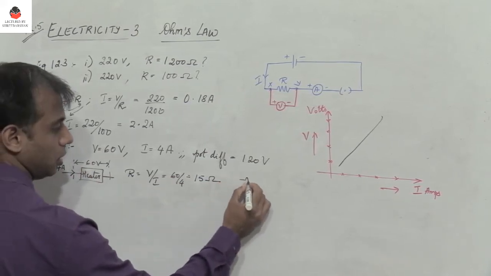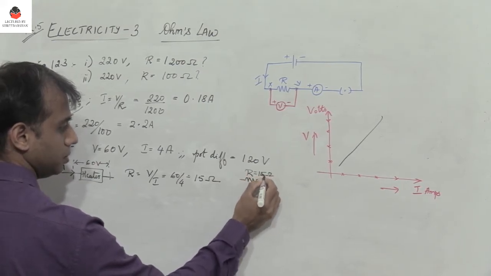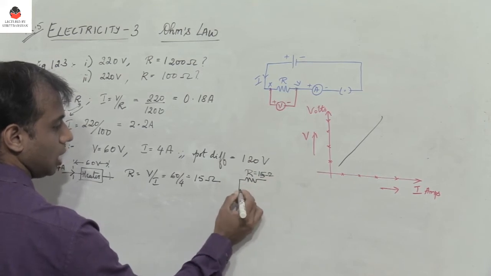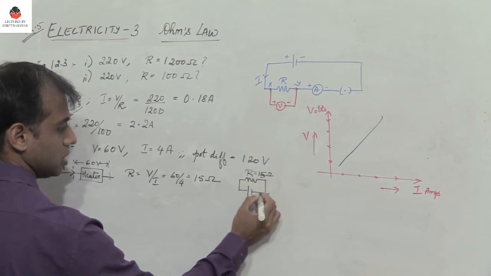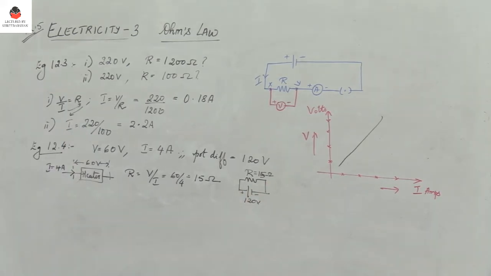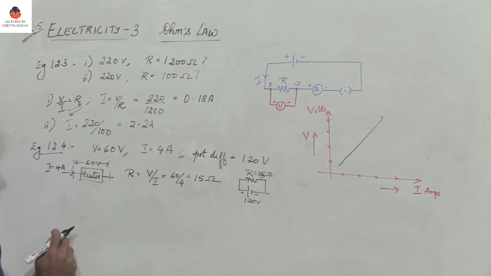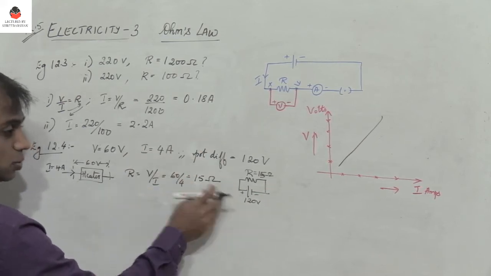So therefore this is the heater having a resistance equal to 15, and then I have a potential difference of 120 across the two terminals of the battery. Now what is the current drawn if the potential difference is 120?